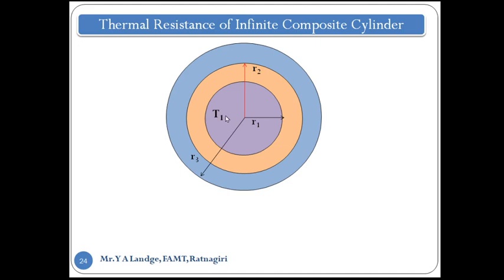Consider the inside temperature of the pipe is T1, and T2 is the temperature of the surrounding fluid. H1 is the heat transfer coefficient of the fluid on the inner side, and the outer side heat transfer coefficient is H2.